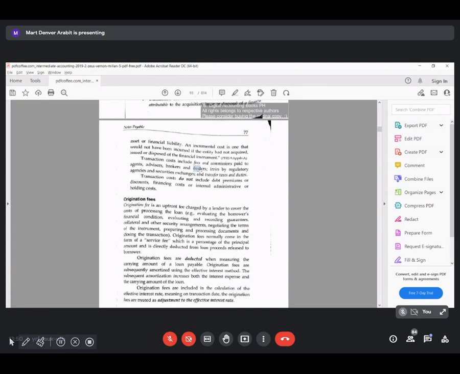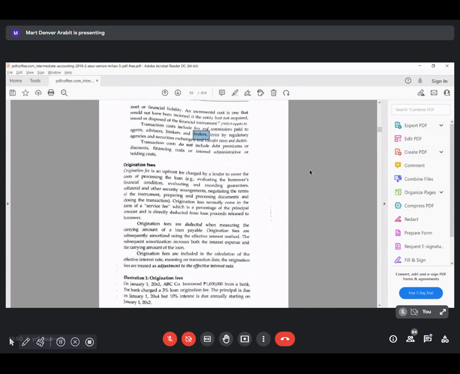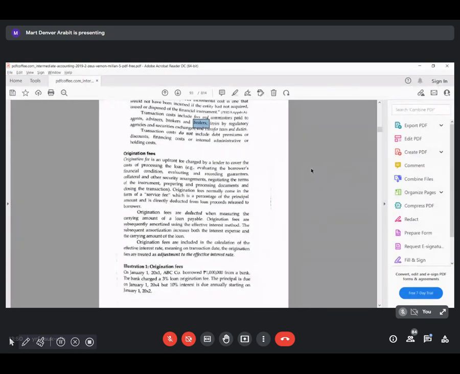Yes, sa dealers binabayaran yung notarial and documentary stamps fee. Origination fees. So origination fee is an upfront fee charged by lender to cover the cost of processing the loan, financial conditions, evaluating and recording guarantees, collateral and other security arrangement, negotiating the terms of the instrument, and so on.